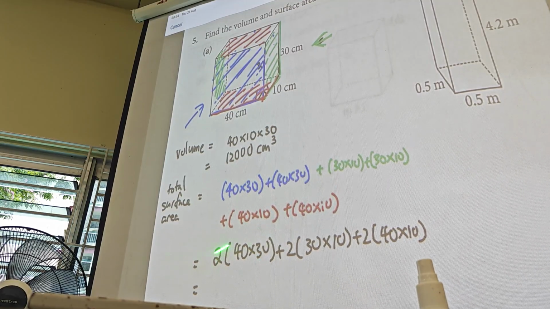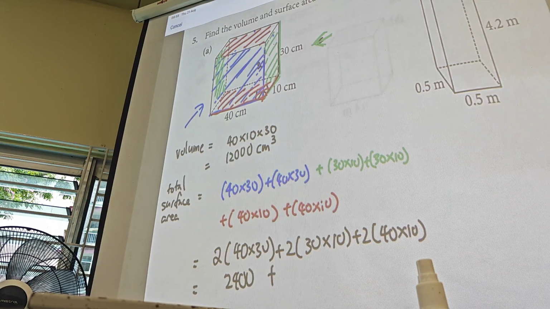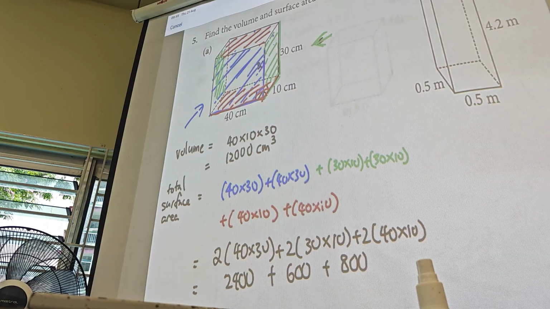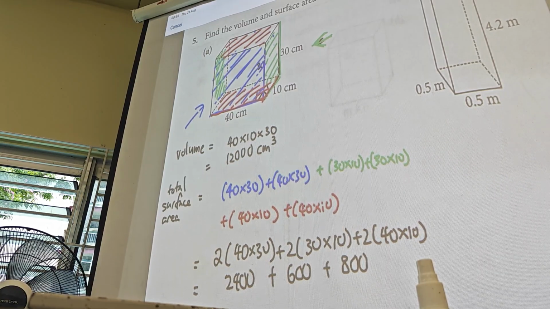So I will key in this part, then I will write down. This part is 2,400. Then I will just key in calculator this part. Write a bit more, never mind. At least it is easy to key in the calculator for me. Whatever that will make me make less mistake.